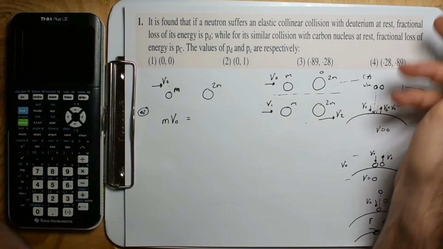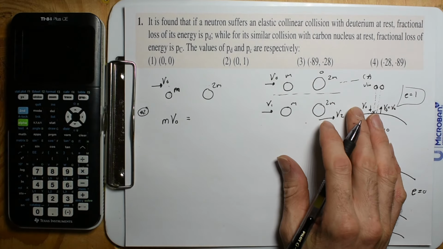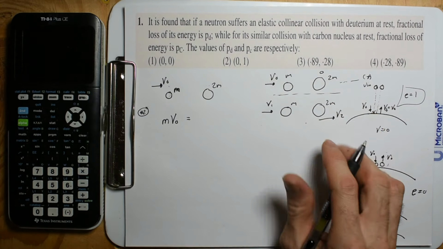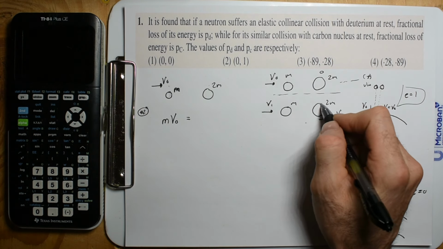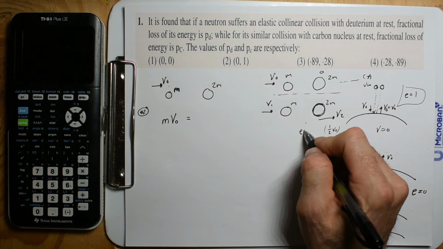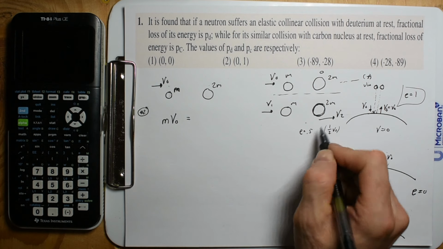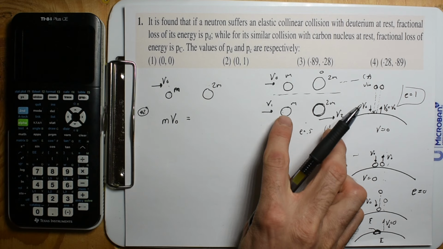I think that's smart, because we're going to run across some negative numbers, and I think you already saw that. If this mass hits this one and stops and transfers its linear momentum, this mass will have 1/2 v naught, because it has twice the mass but half the velocity. But that would be a coefficient of restitution of 0.5, because the relative velocity is 0.5, so we can't have that.